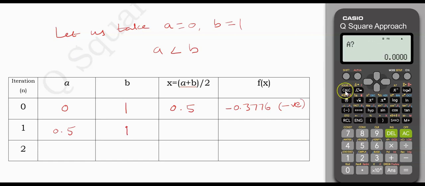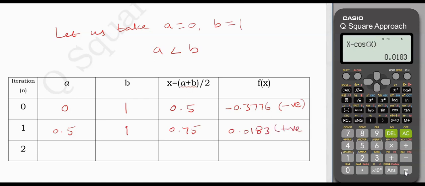Again press calculation button, give the value 0.5 for a and 1 for b, then the midpoint is 0.75. The function value is 0.0183. This is positive. We know the root lies between a positive and a negative value. So the root lies between 0.5 and 0.75.